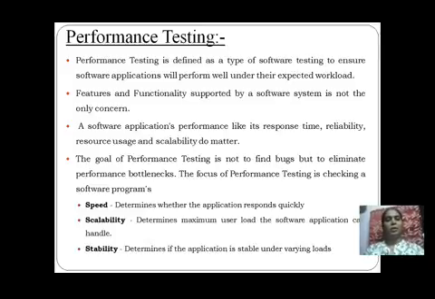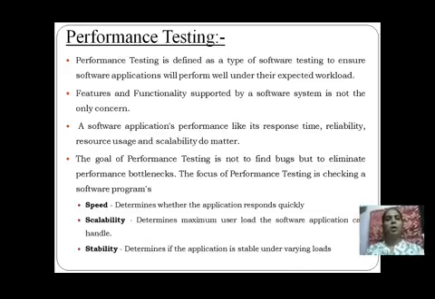Now the reliability. Reliability means what? Whether the software is reliable as per the requirements that we have collected from the customer, and also whether it is reliable as per the requirements defined by an organization. Why? Because basically there are different types of requirements.